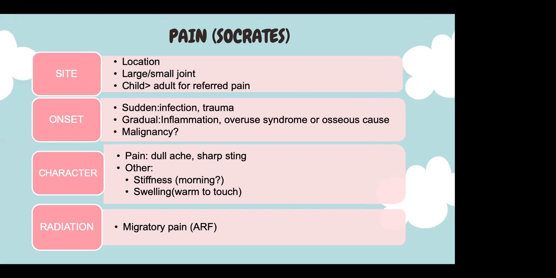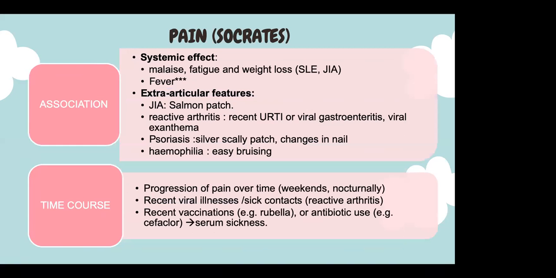For example, in sciatic pain, there is sharp shooting pain down the lower limb. The child will say there is pain at the limb, at the joint. And then if there is bilateral involvement, you might think about something more central such as cardiac or renal causes. Okay, next slide.